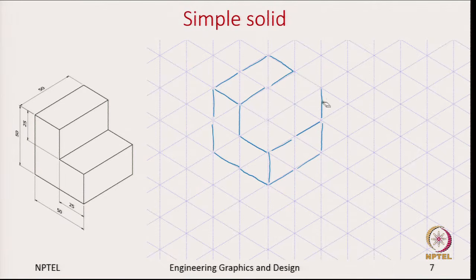Similarly, these 2 lines, but then instead we need to add other lines to complete the figure. One vertical line here and the inclined line, and here too the line joining these 2 surfaces also should be shown. So, this effectively shows the object on the isometric grid. You can use this method not just for these simple objects, but gradually develop into more complex objects.